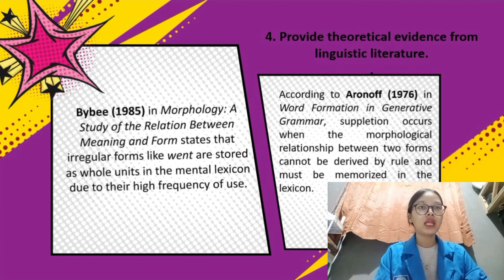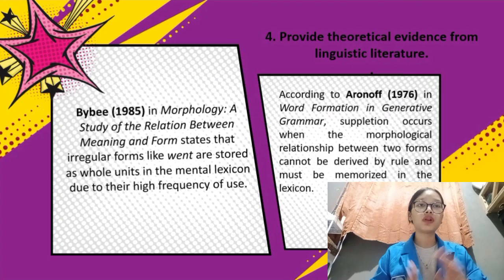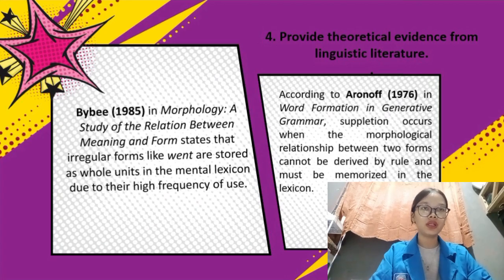Number four, provide theoretical evidence from linguistic literature. Bybee, 1985, in Morphology: A Study of the Relation between Meaning and Form, states that irregular forms like went are stored as whole units in the mental lexicon due to their high frequency of use.